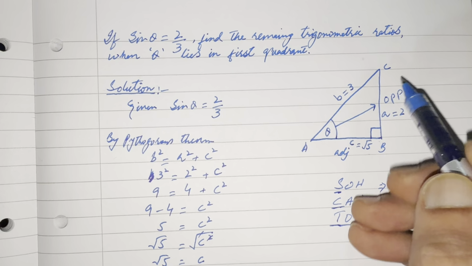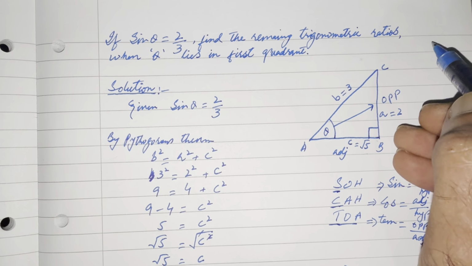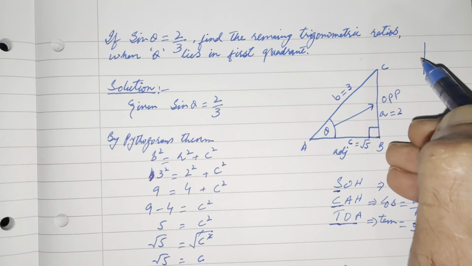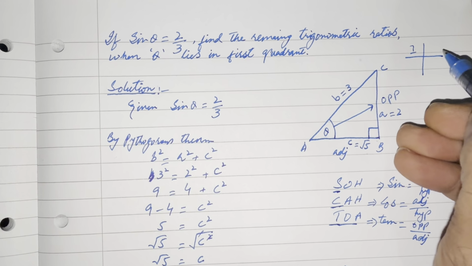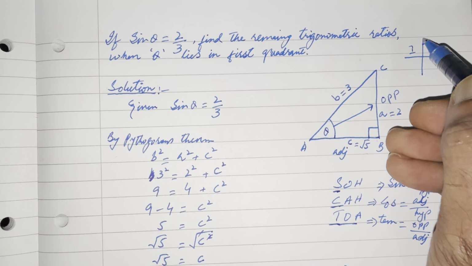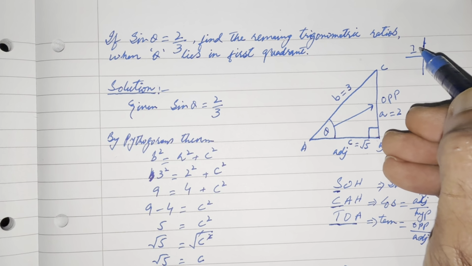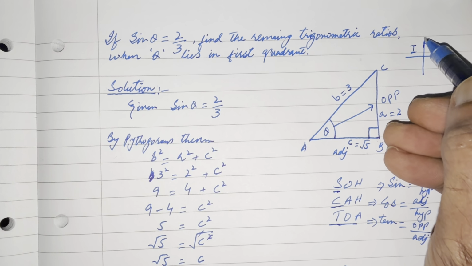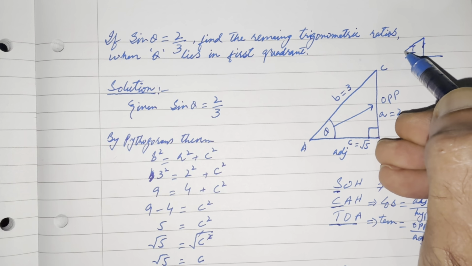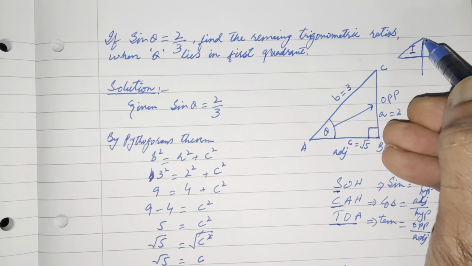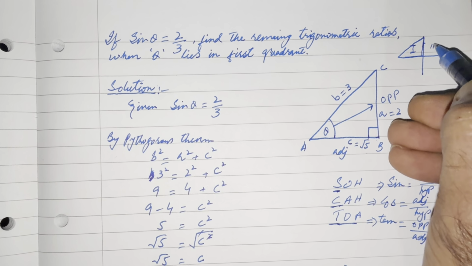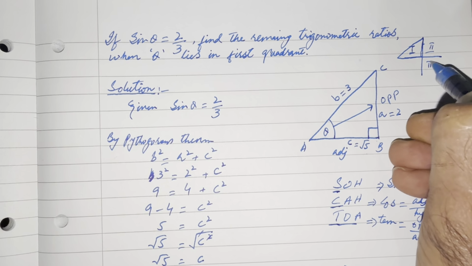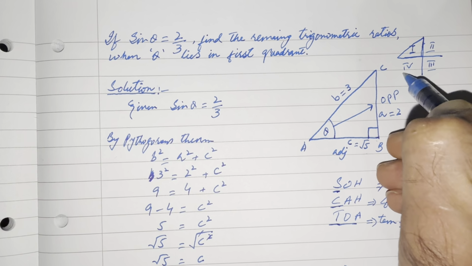So you have to keep this in your mind, that it is the first quadrant, and when we draw a picture, the picture will always be like that of the right angle triangle. So that's the first quadrant, second quadrant, third quadrant, and fourth quadrant.